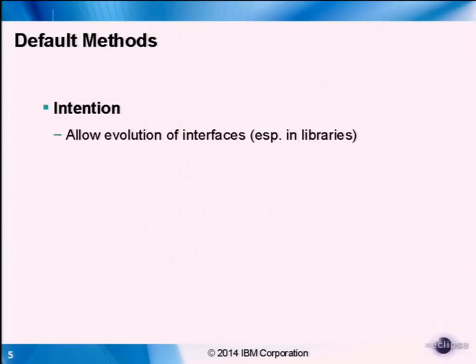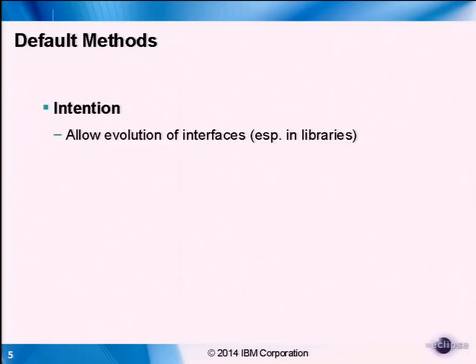So default methods, what is the intention? Previously, you would only care about this if you have to maintain an API. If you have to maintain an API, you usually either have a framework that consists of classes, abstract classes, or you're more focused on interfaces. And if your framework consists of interfaces and you want to extend it in the next version, then you're locked in, because if you add a new method, you will break your client.